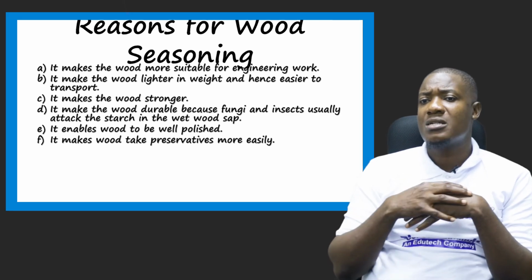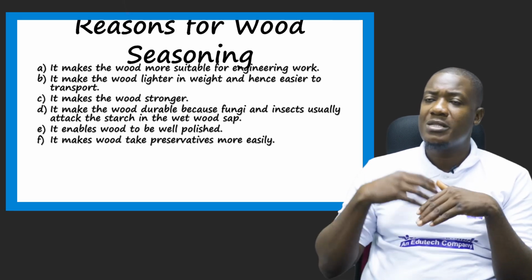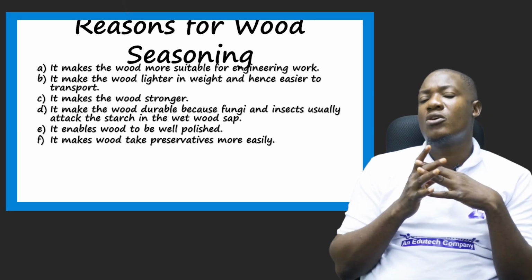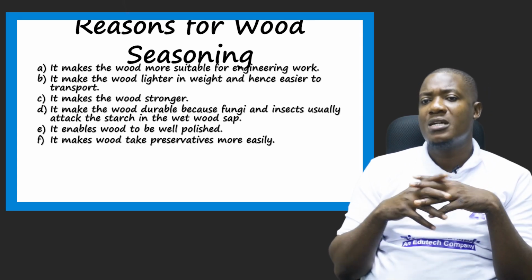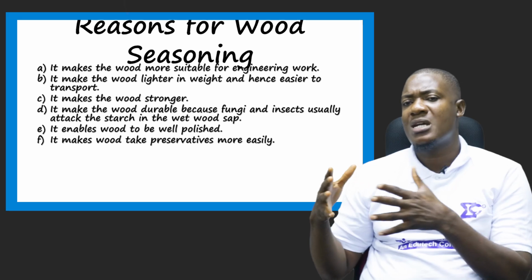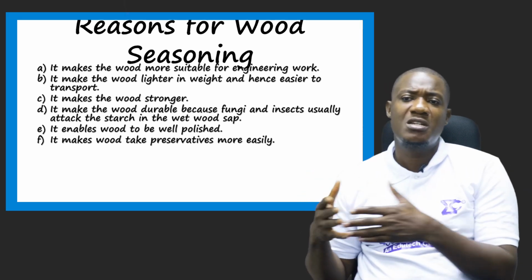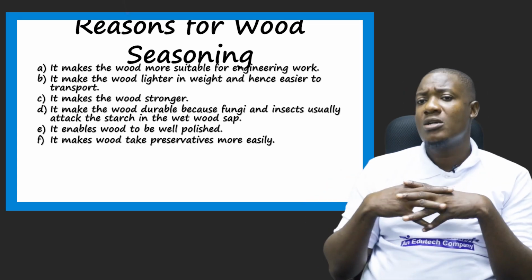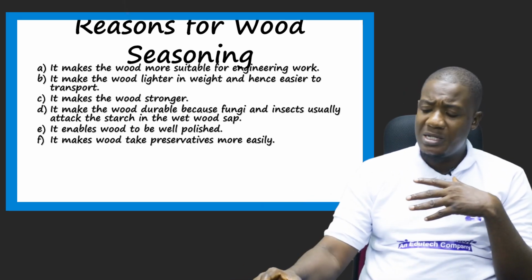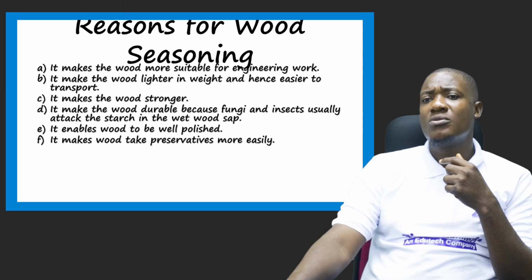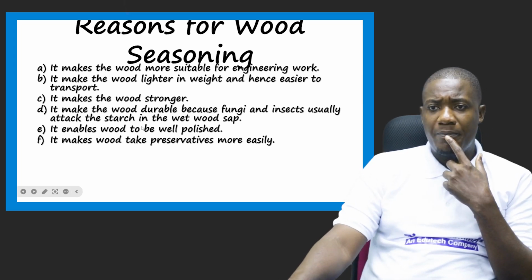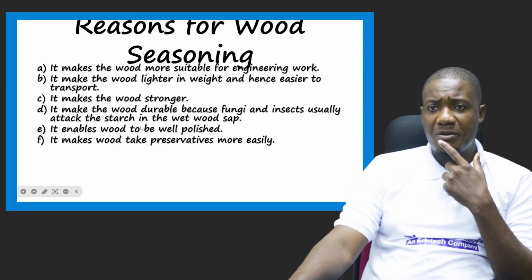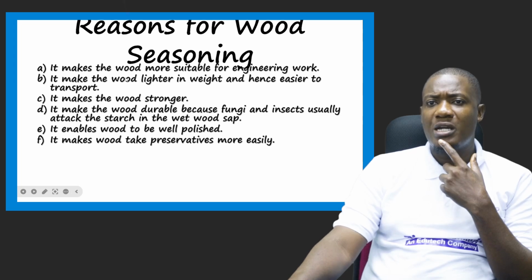Then take a difference, right? Let's say you want to measure the dry content. You just have to say the difference. That means water content before seasoning minus water content after seasoning, all over water content after seasoning, times 100. That will give you the index you are looking for. Okay.